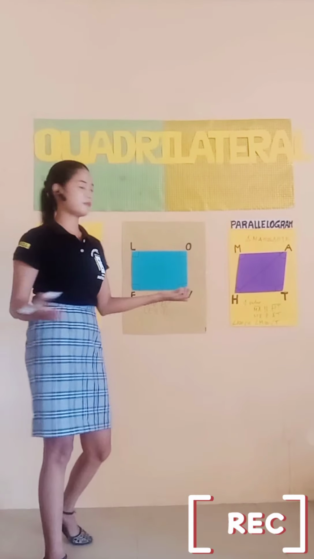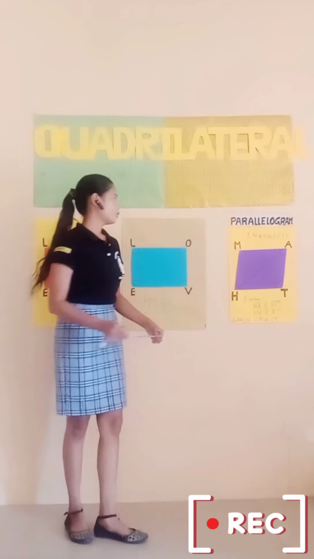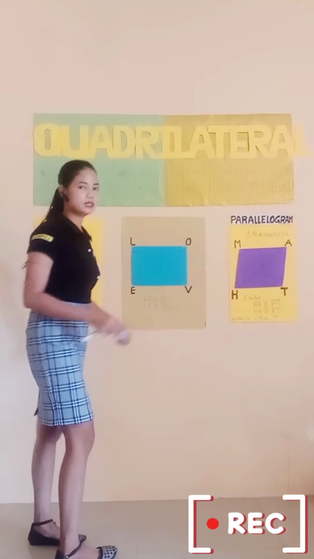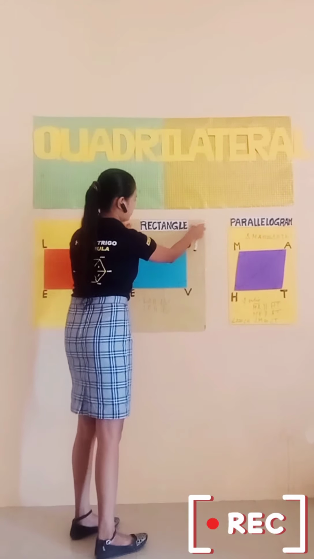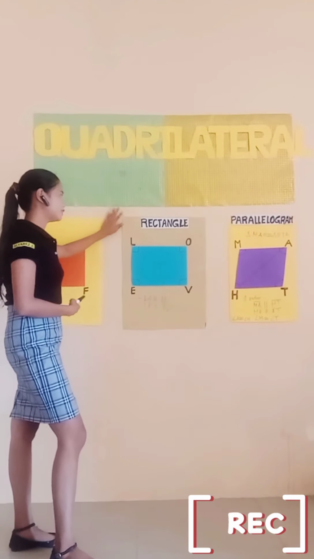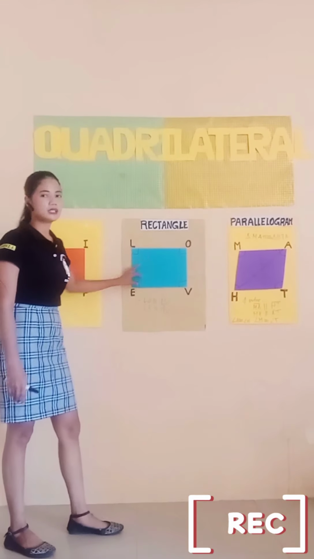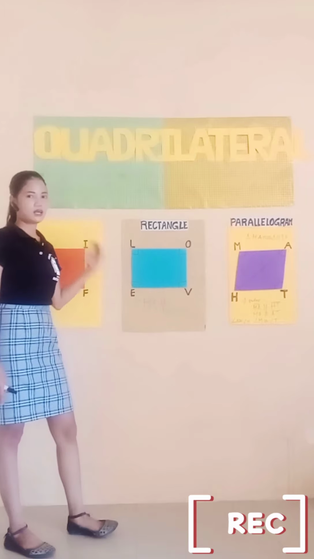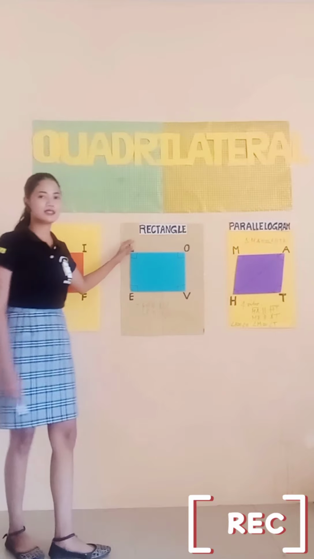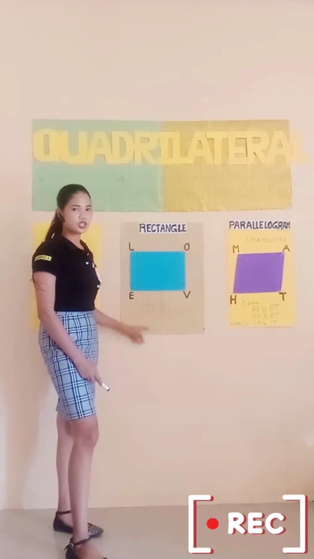So that's what makes this figure special. This special case of a parallelogram is what we call the rectangle. A rectangle can be defined as a parallelogram with all angles being right angles. Just like a parallelogram, the rectangle also has parallel sides that are equal to each other.